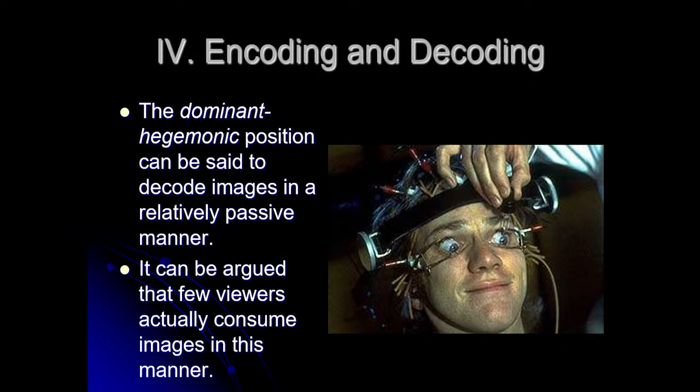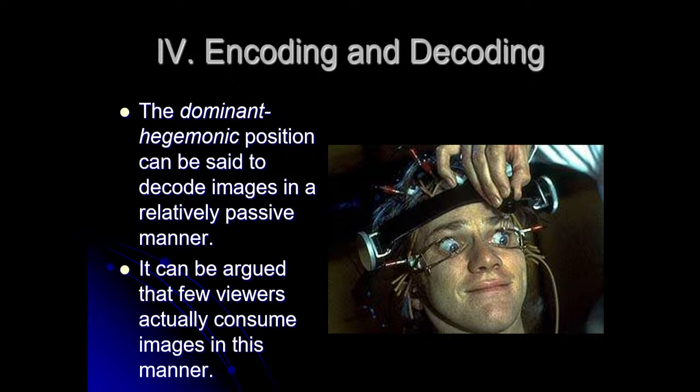Now, the dominant hegemonic position can be said to decode images in a relatively passive manner. It can be argued that few viewers actually consume images in this manner. It has usually been seen that people are not in that position.